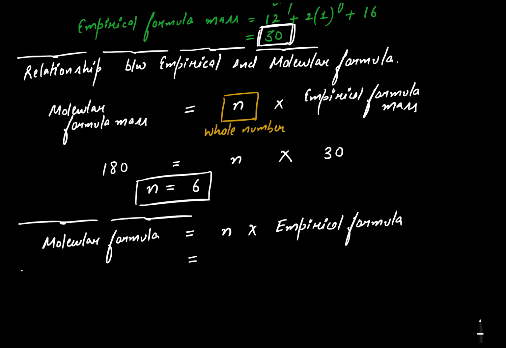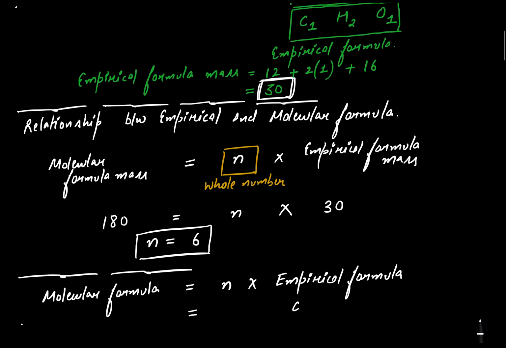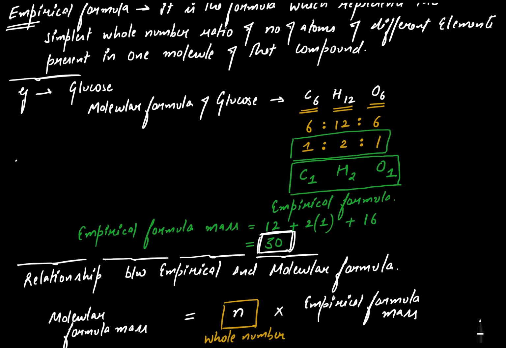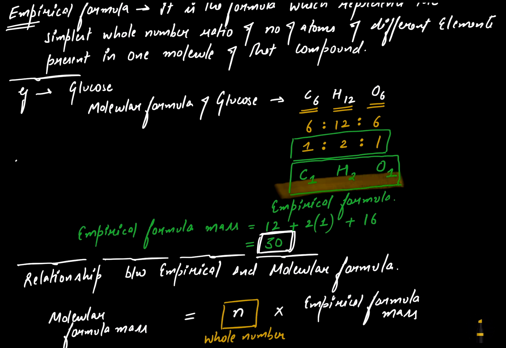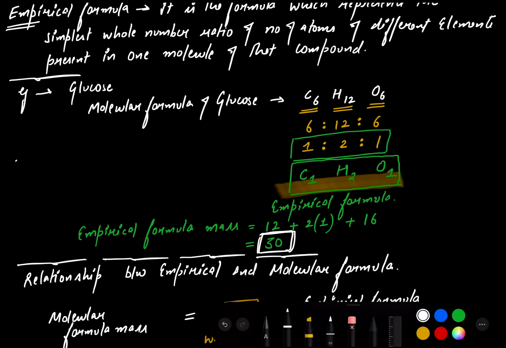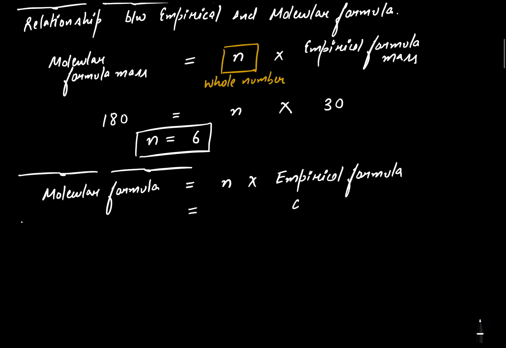Now, what's my empirical formula for glucose? It has come out to be, dear students, please have a look, C1H2O1. I'm using it over here: C1H2O1. What's the value of n over here? It's 6.